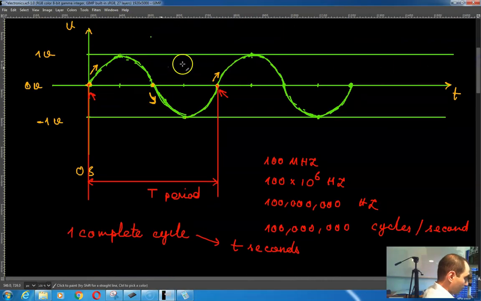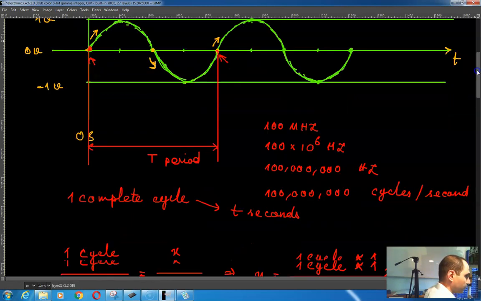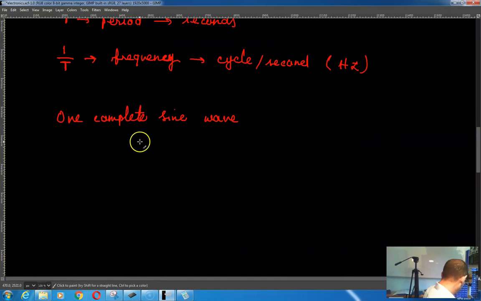Let's say one complete sine wave, by which I mean the sine wave starting from here and going through one complete cycle, is called a cycle, right?